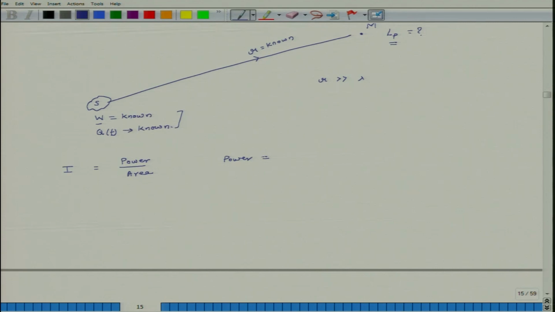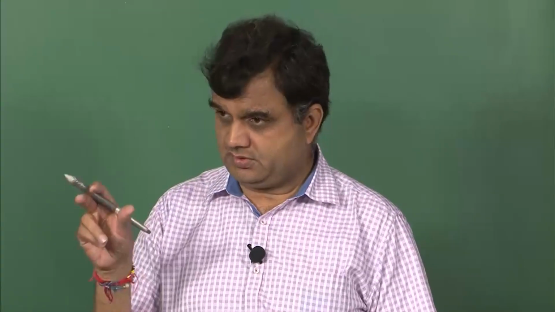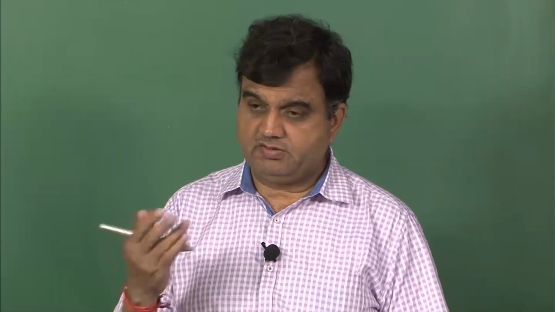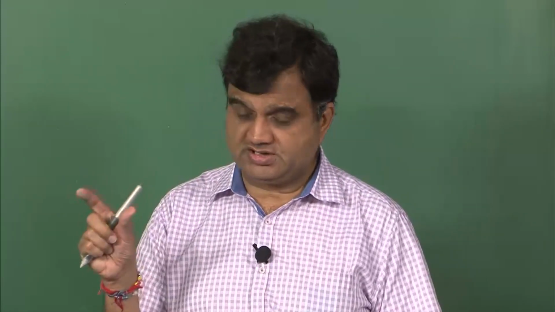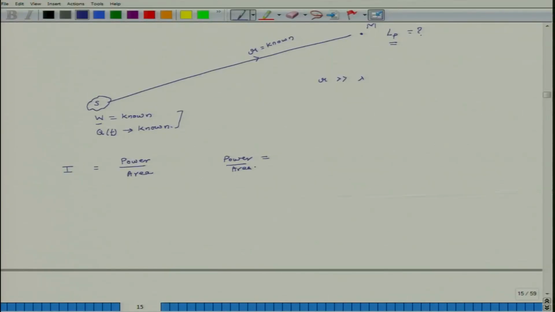Using an analogy, electrical power is V square divided by R, where V is the voltage across a resistor. Similarly, acoustical power per unit area is P square divided by impedance Z naught.